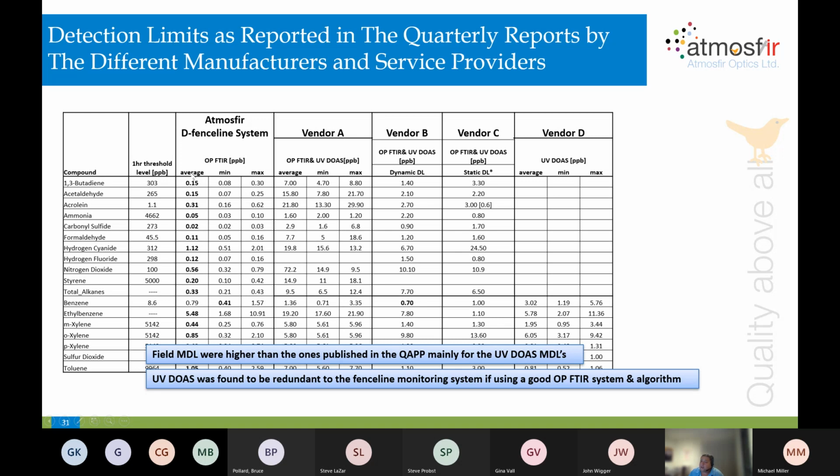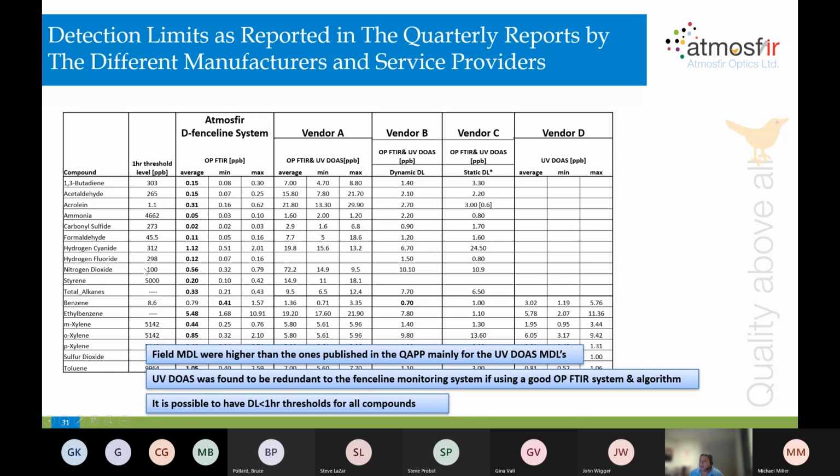You can see that for most of the compounds, or almost all the compounds, the Atmosfir fence line system had the best detection limit, based on reports done by the vendors or the refineries after quality assurance.